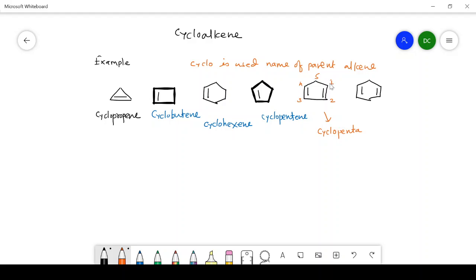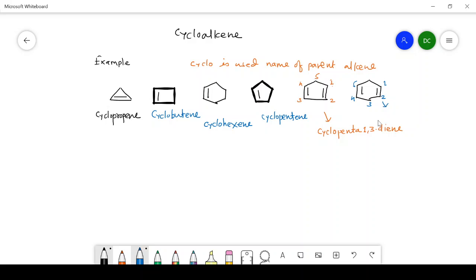Then look at the numbering. At the first carbon there is a double bond and at the third carbon there is a double bond. There are two double bonds, that's why I will write here 1,3-diene. The name will be cyclopenta-1,3-diene. In the case of the last example, once again we will give numbers 1, 2, 3, 4 and 5.